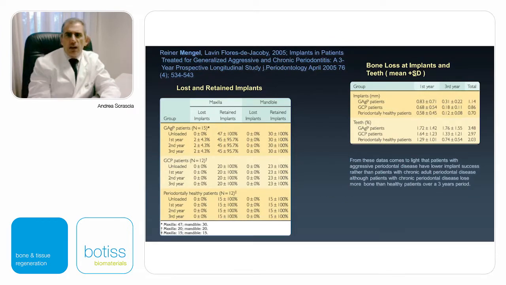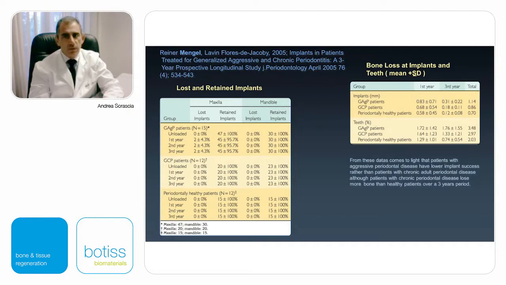This is an extremely important piece of research because it's one of the very few studies in which patients with generalized aggressive periodontitis were treated with implants and compared to periodontally healthy patients, and also patients with chronic periodontitis.